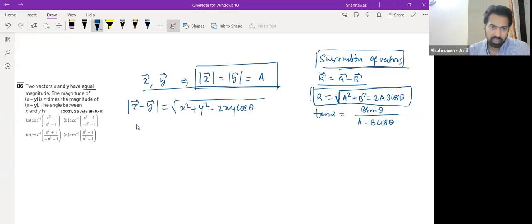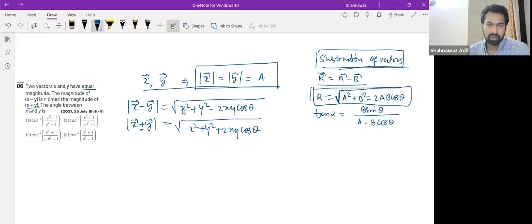And what would be the x plus y magnitude? We have this magnitude, right? So x square plus y square plus 2xy cos theta.